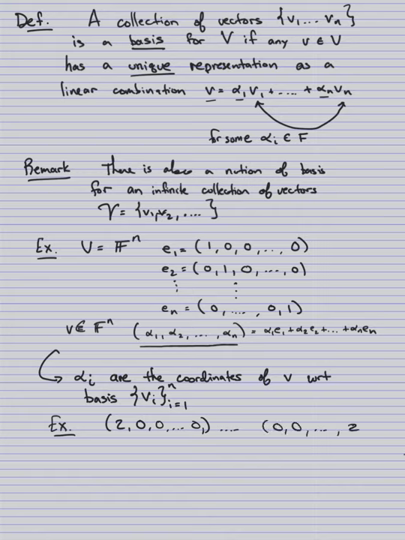So I'm just taking 2e1, 2e2, up to 2en. This is also a perfectly good basis for R to the n, or C to the n, and the coordinates in this new basis will just be half of whatever the coordinates were in your old basis. So the vector e1 with respect to this basis looks like a half of 2e1.